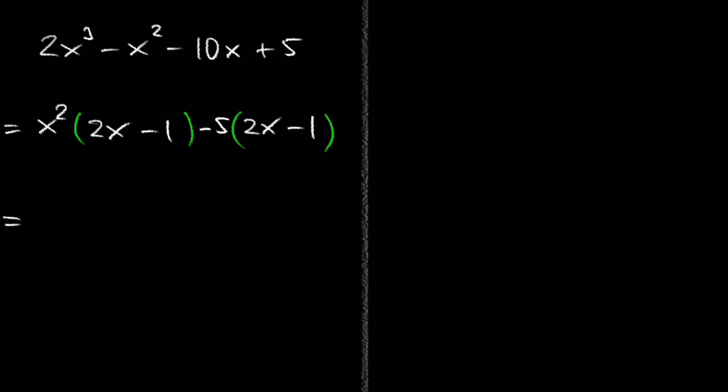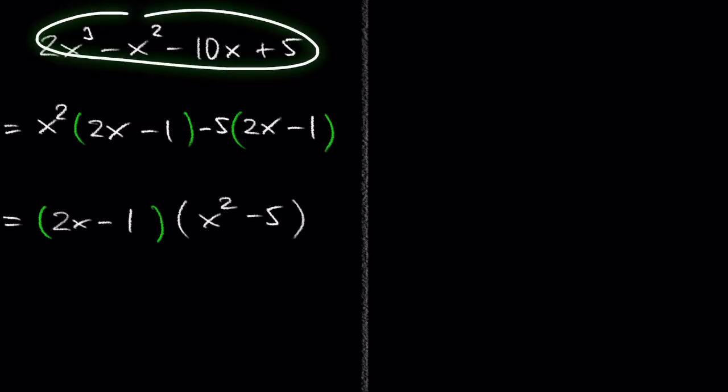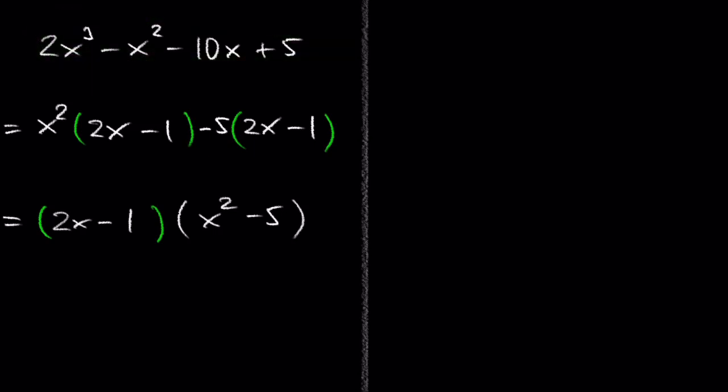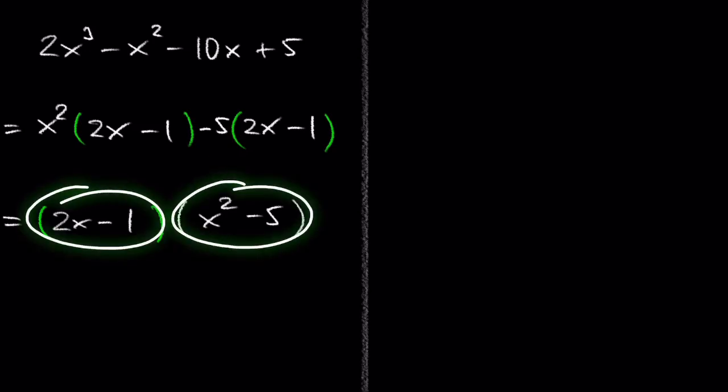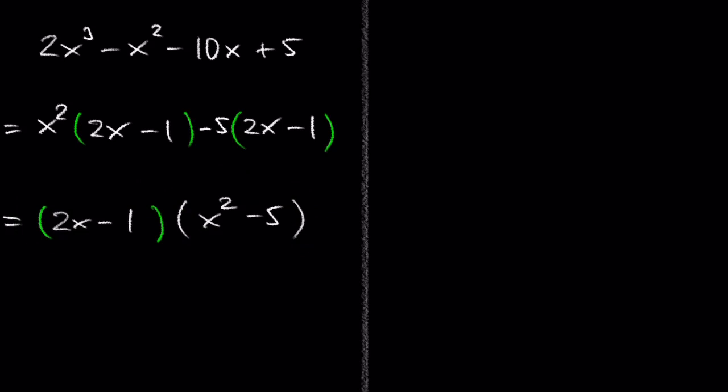The next step we're going to do now is factoring out 2x minus 1. What's left over is x squared minus 5, which is then our second factor. So the factors of 2x cubed minus x squared minus 10x plus 5 are 2x minus 1 and x squared minus 5, and we are done with this problem.